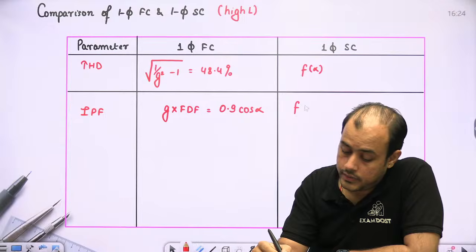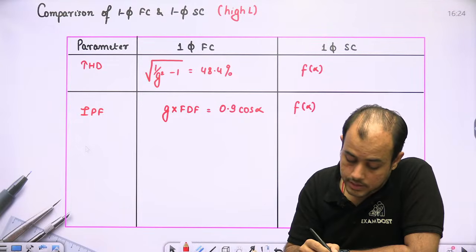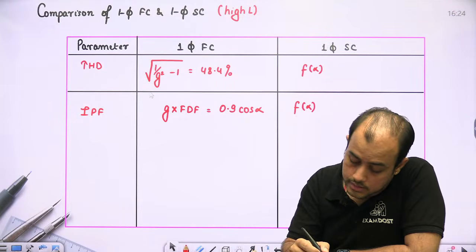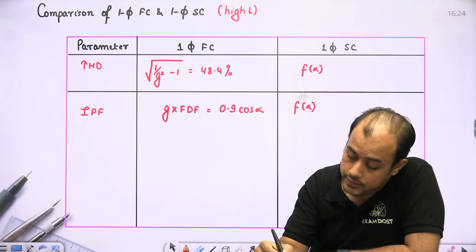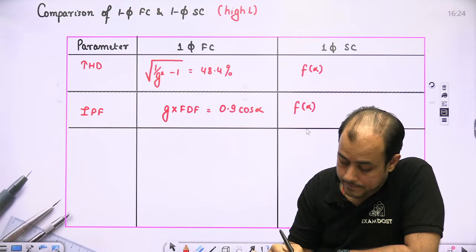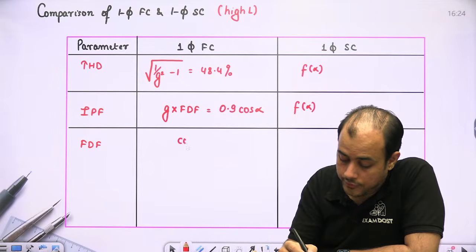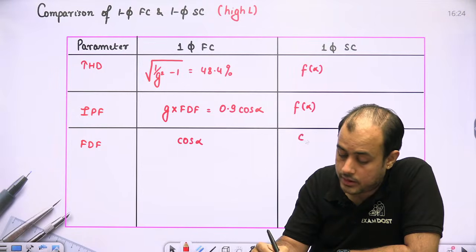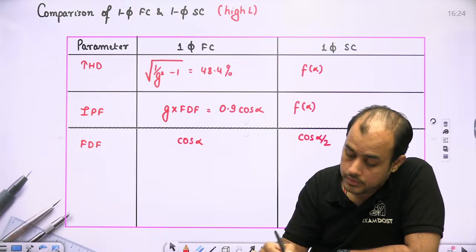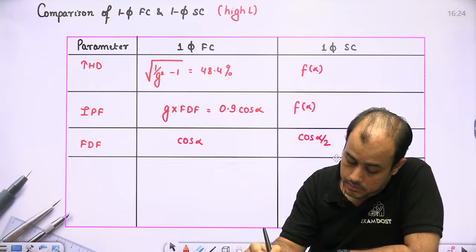Okay. Here it will depend on alpha. And what about FDF? फुल कन्वर्टर तो फुल अल्फा, सेमी कन्वर्टर तो अल्फा बाय 2. Okay.